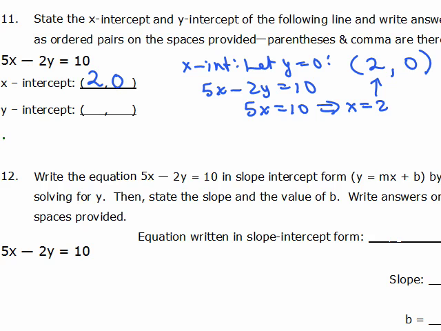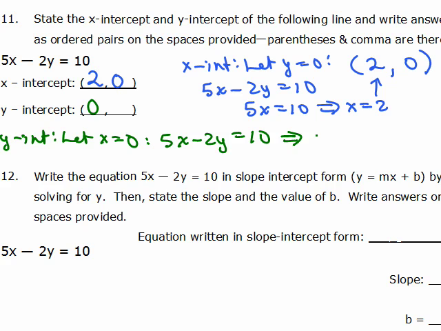All right, for the y-intercept, let x equal 0. So we put a 0 here. And we're going to plug that into 5x minus 2y equals 10. So if you're putting in x as 0, you're going to get negative 2y is 10.